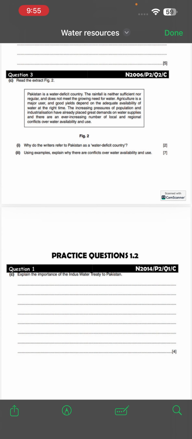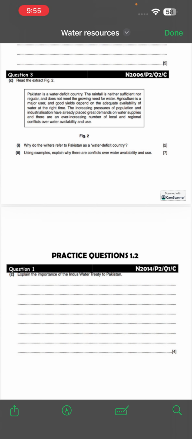Maybe farming, industry, domestic, food processing basically, development of different dams, right? Different provinces we need to give as well, specifying which countries or which provinces are in conflict. Now, there is a conflict over water availability and use because water is required for irrigation, for more agriculture.